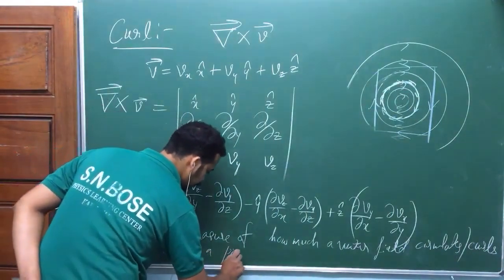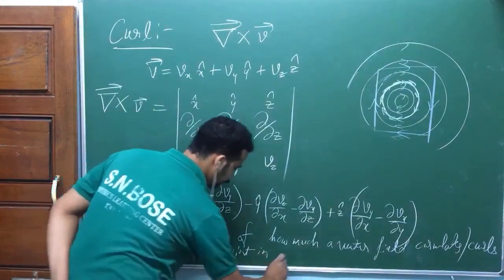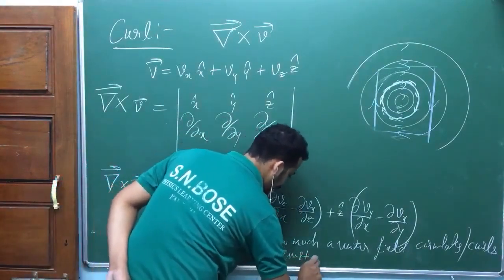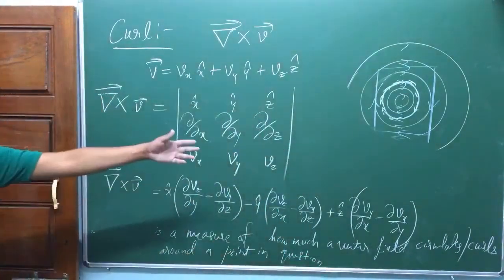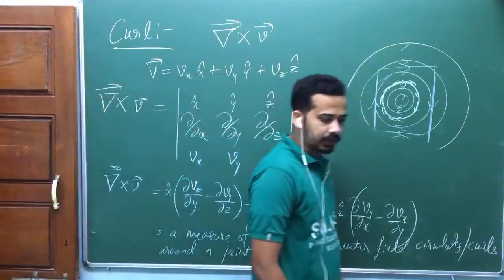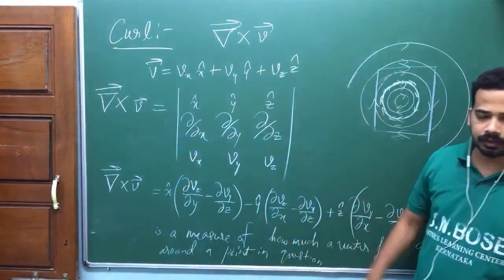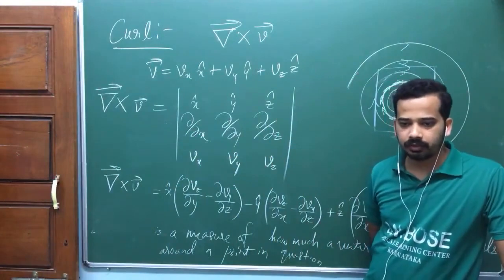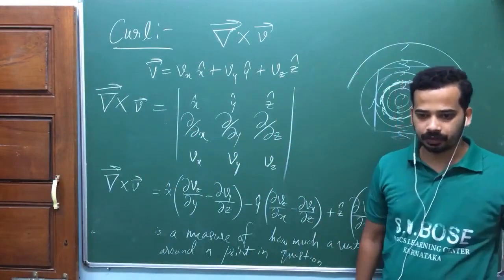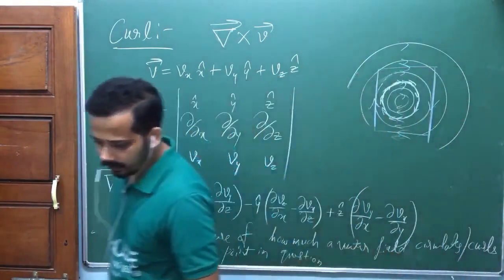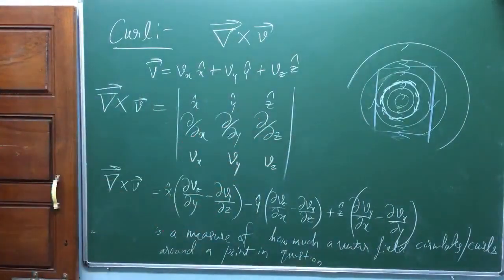That is one definition. The other definition: take the curl of a vector field and dot it with n cap, which equals circulation density, circulation per area.